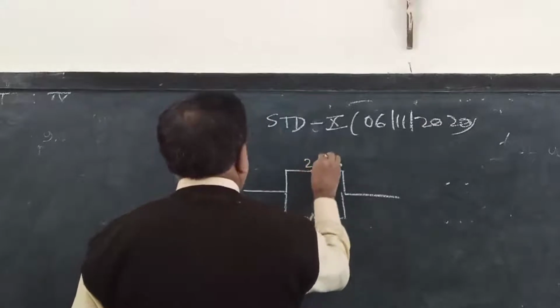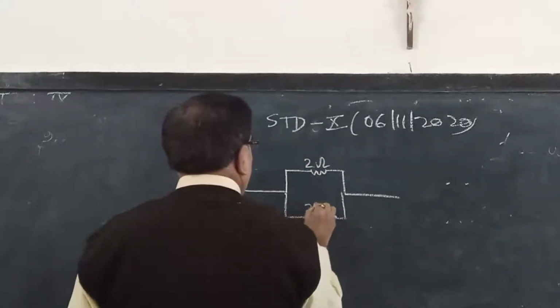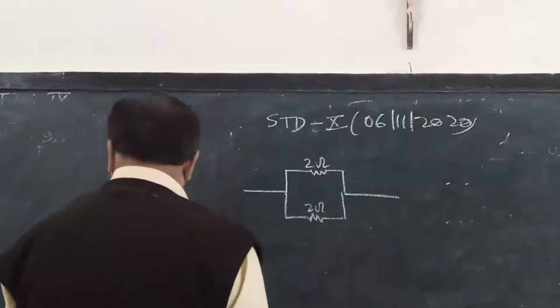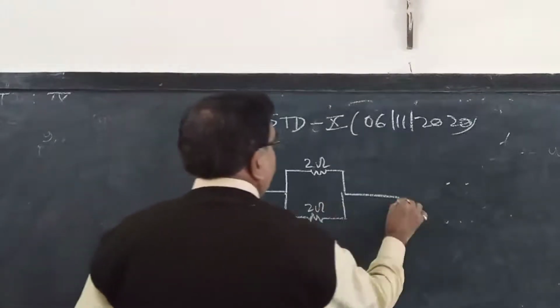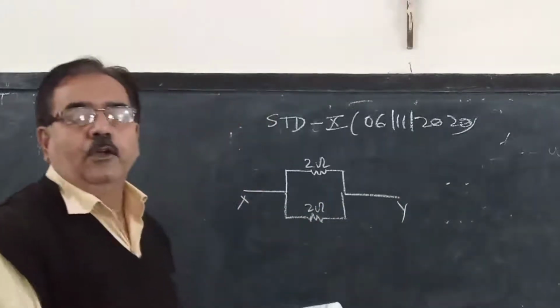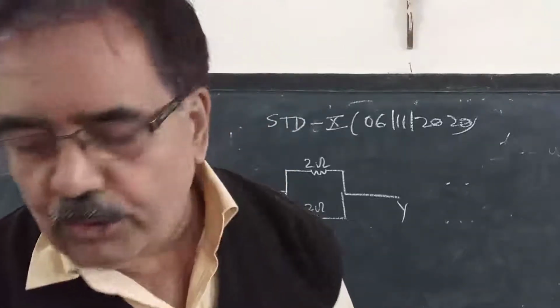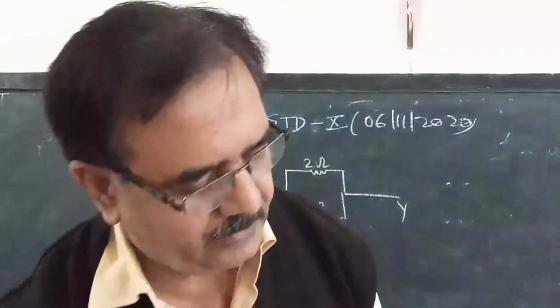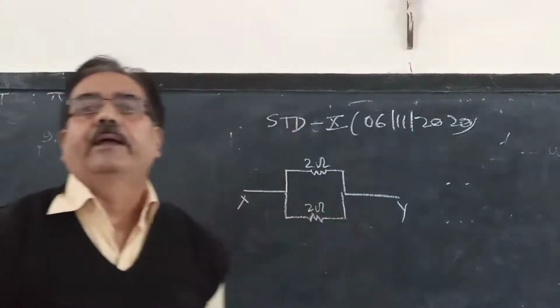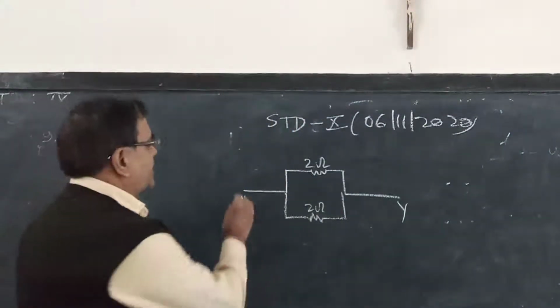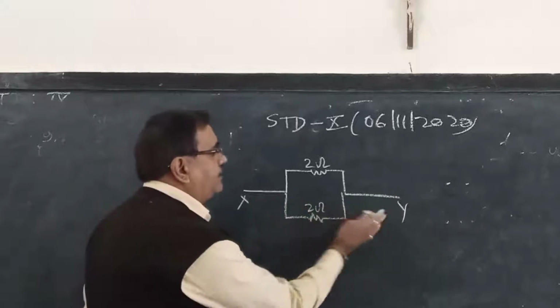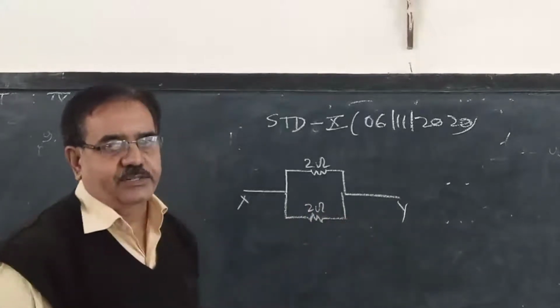This is given 2 ohm, this is given 2 ohm. Now, this is X and this is Y. We have to find the equivalent resistance between X and Y.